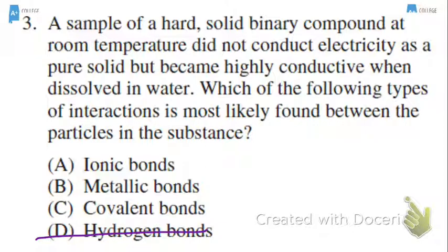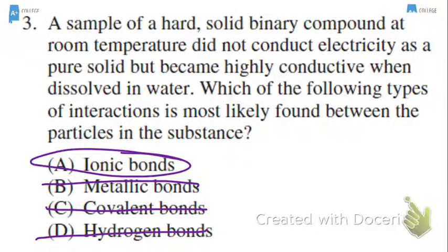We should know that metals conduct electricity even when they are not in water, so I would hope that you would have eliminated metallic bonding. And then lastly, we should hopefully know by now that covalent bonding does not result in electricity being able to flow. So that will leave us with ionic compounds.